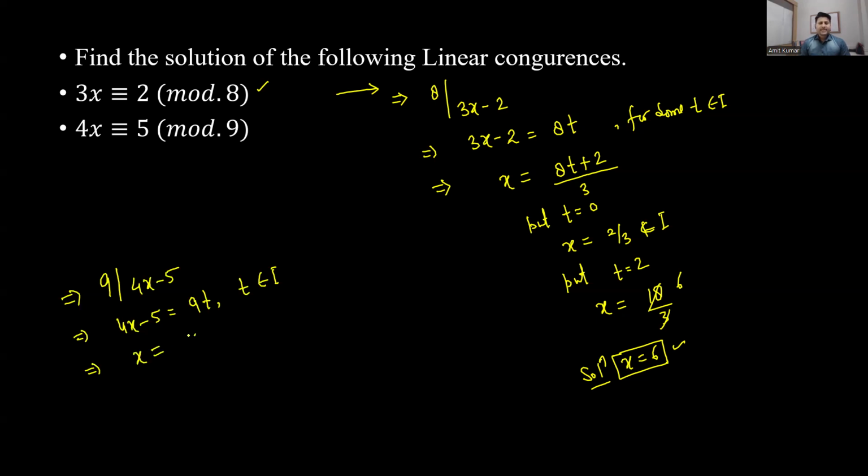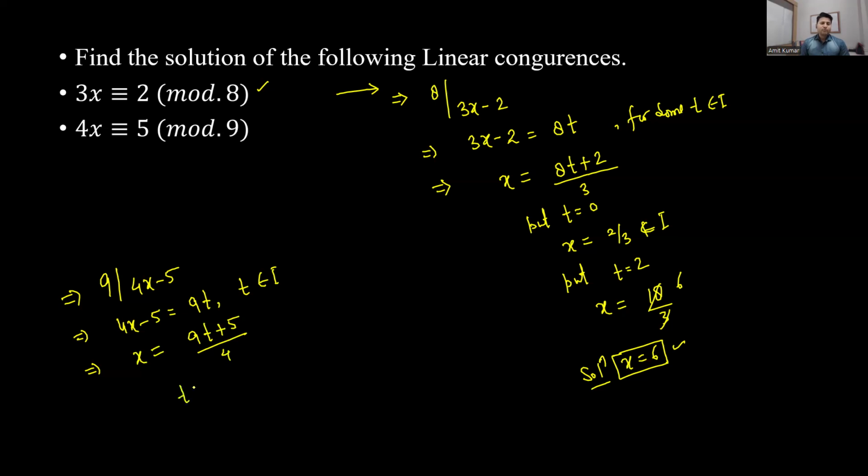So x is equal to (9 times t plus 5) upon 4. What should I put for t so that this x comes out as an integer? If I put t equal to 0, then 5 upon 4 is not an integer. Try t equal to 1, t equal to 2: 18 plus 5 is not a solution.